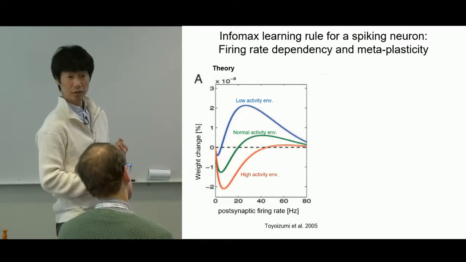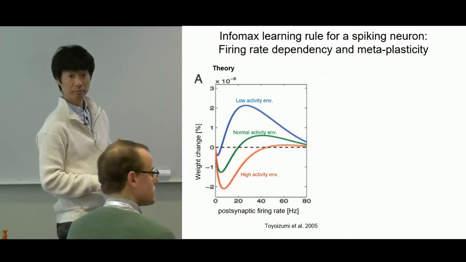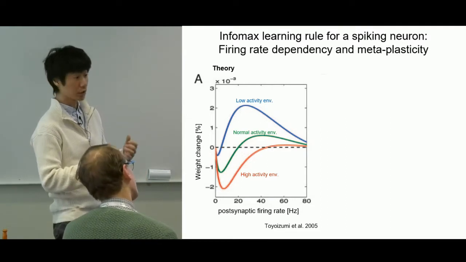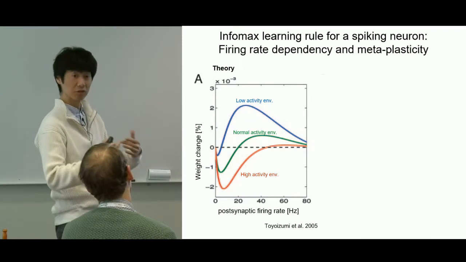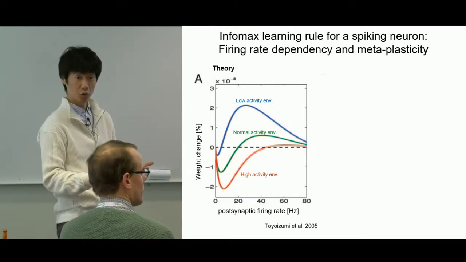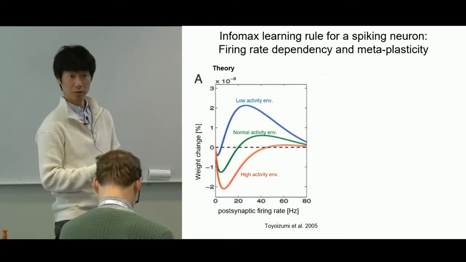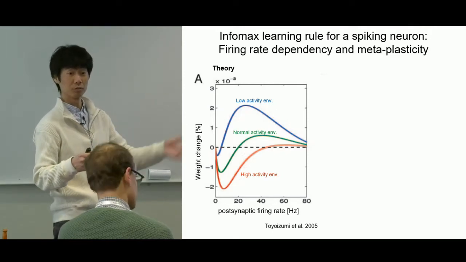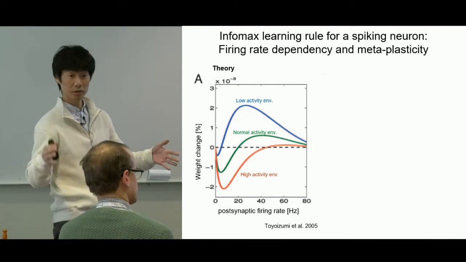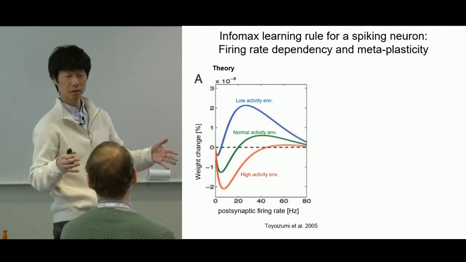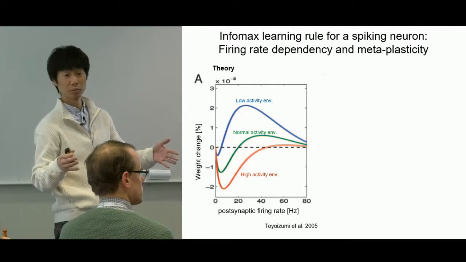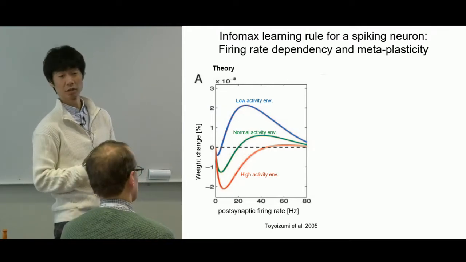Can you say what the input and the output were that you were trying to calculate the mutual information? Well, it's an online learning rule. It computes the mutual information between presynaptic input spikes and output spikes. Those presynaptic inputs are basically a point process or 0-1 binary sequence, just an independent random Poisson process.